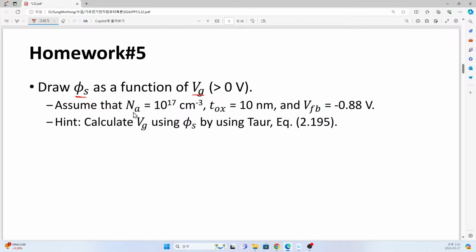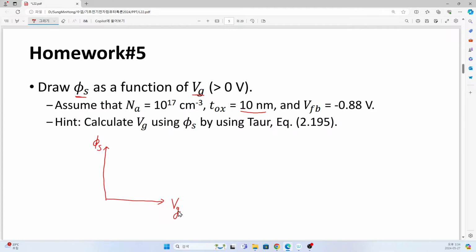Then please assume these numbers: 10 to the 17 per cubic centimeter for acceptor density, oxide thickness of 10 nanometer, which is quite thick, so quite old technology, and flat band voltage of minus 0.88. Using these numbers, please draw your phi s as a function of Vg.